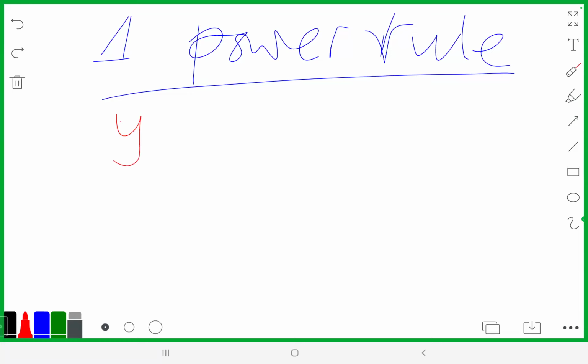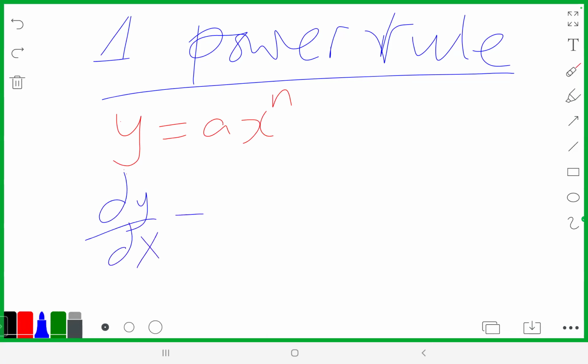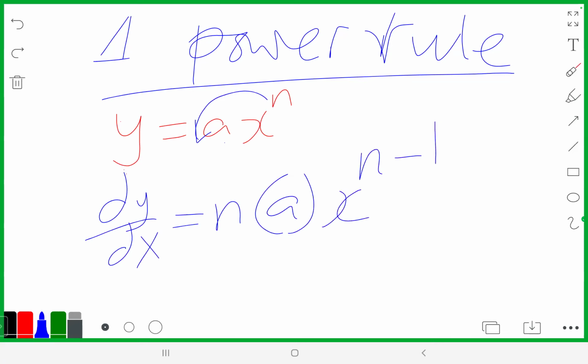If you're given an equation, let's say y is equal to ax to the power n, then the dy over dx of this function shall be given as: you drop the n times this same a, you keep x the way it is, and you reduce n by 1.